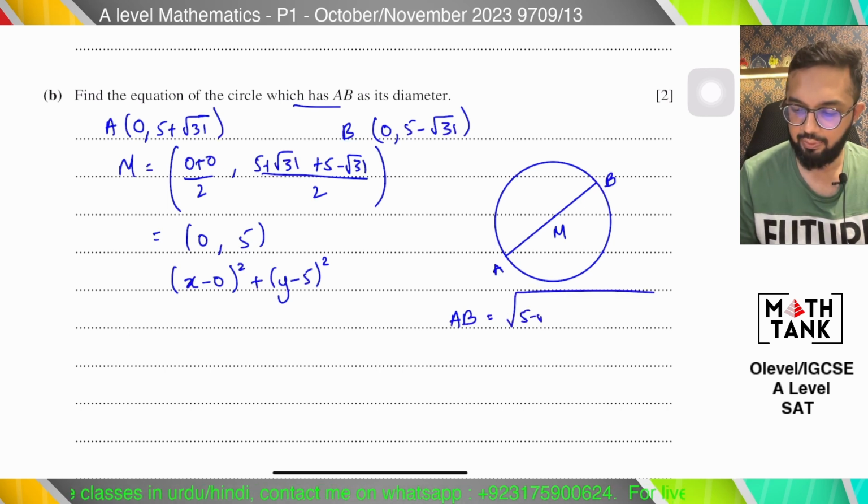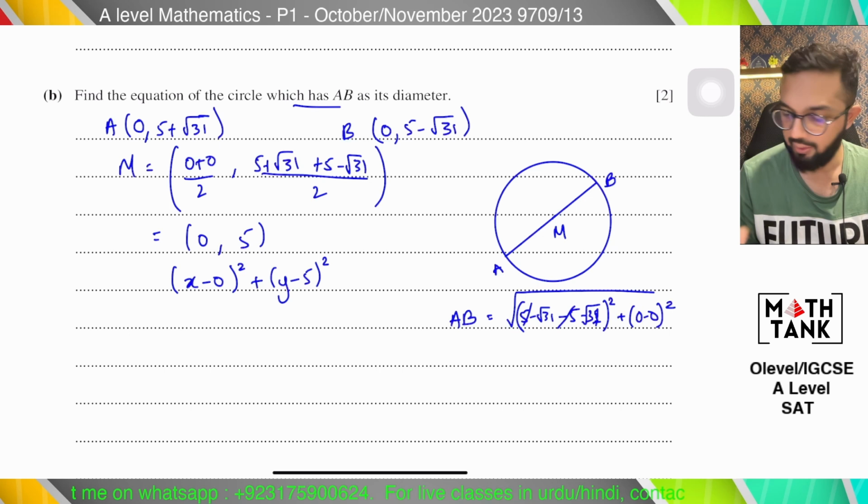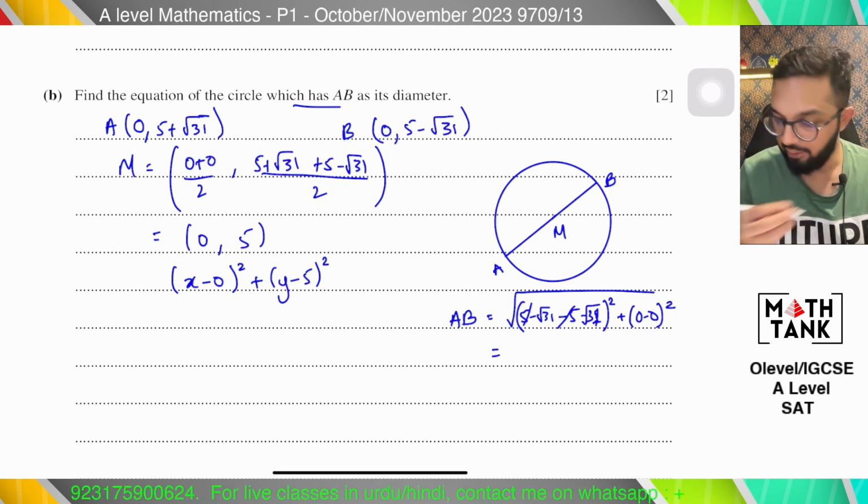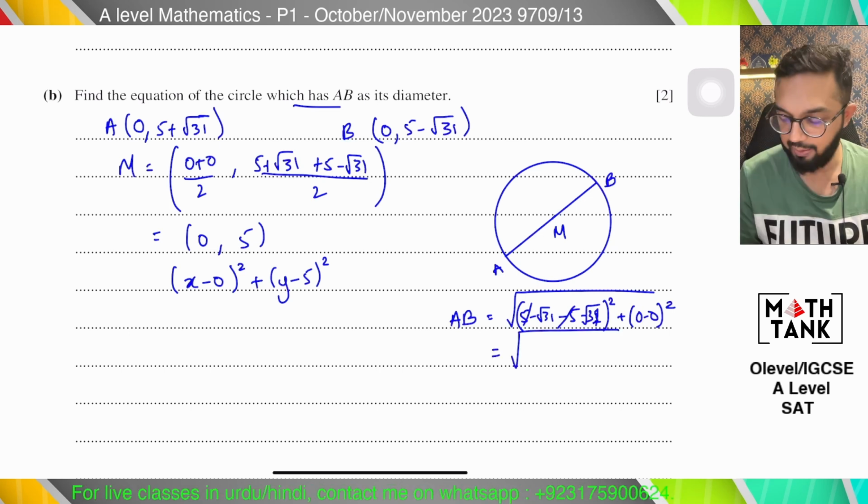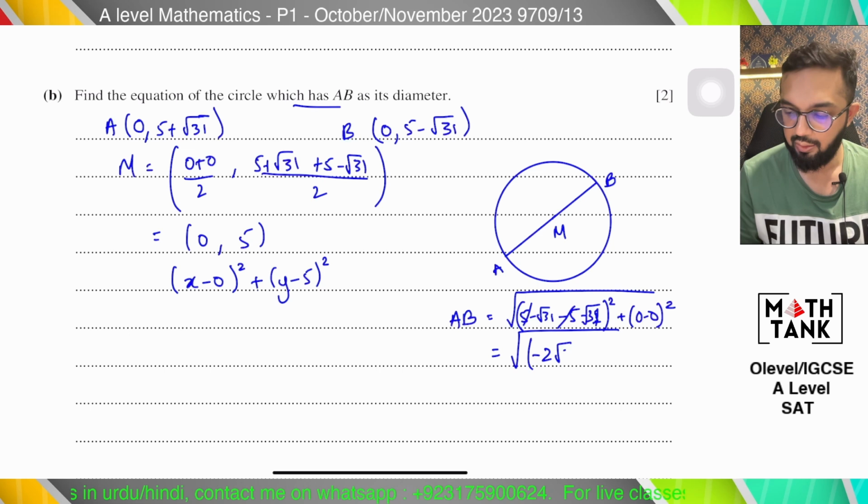So 5 minus root 31 minus 5 minus root 31, y2 minus y1 whole squared plus x2 minus x1 whole squared. That gives me 5 and 5 cancel out. So it's minus 2 root 31, squared. The square and root will cancel out, but it's going to get squared. Let's not rush through this. So that gives me 4 into 31.